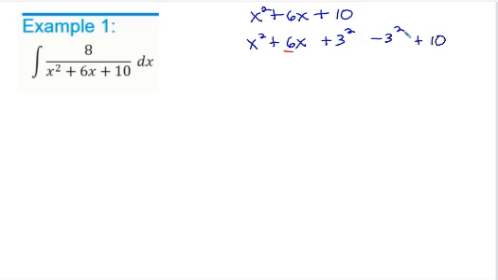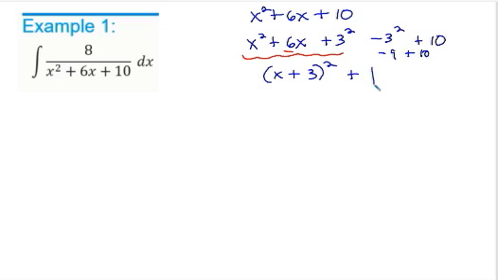So look what we have now. This thing right here is the square of a binomial. That's why completing the square is so handy. This is x plus 3 quantity squared. All right. And over here I have negative 9 plus 10, so I have a plus 1.